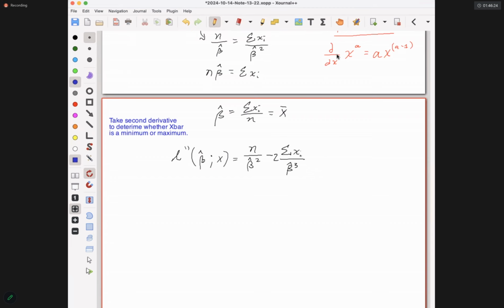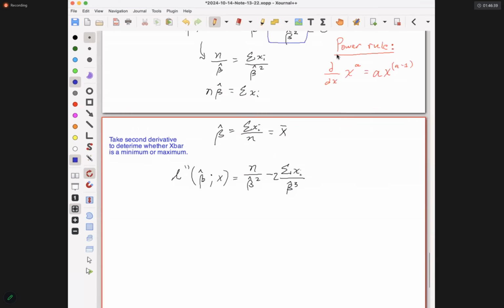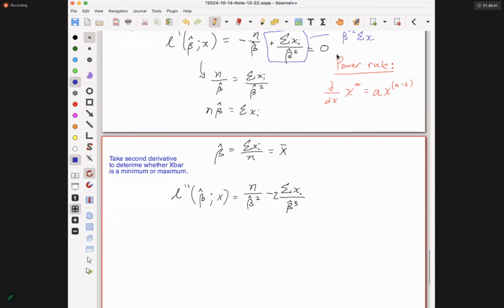And now we need to decide whether this thing is positive or negative. We want it to be negative. And so this one, it actually benefits us to plug in the x bar.